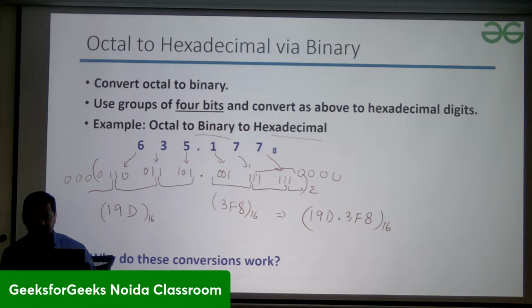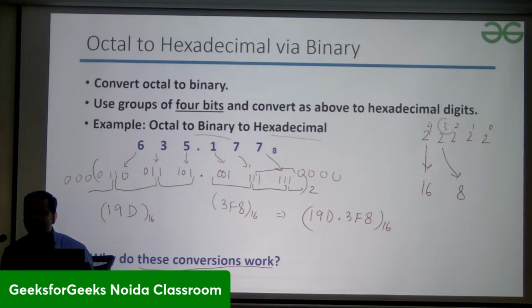Why does this conversion work? It is because the binary number system's positional representation has a direct relation with octal and hexadecimal. 2 to the power 0, 2 to the power 1, 2 to the power 2, 2 to the power 3, 2 to the power 4, 16, and this is 8.